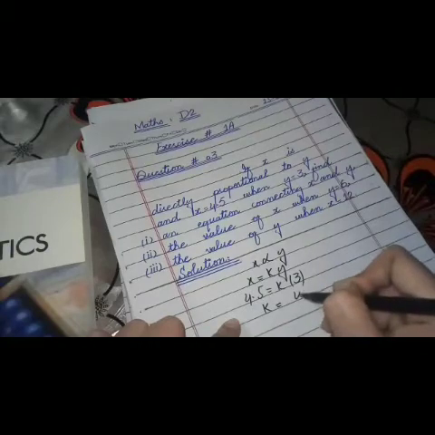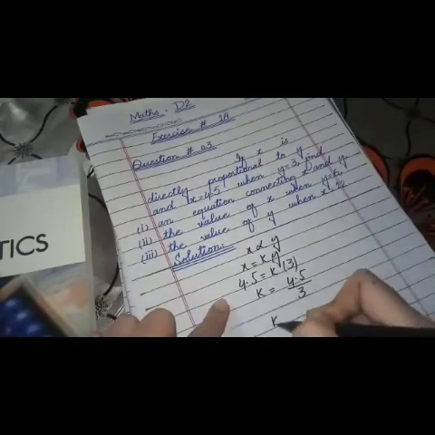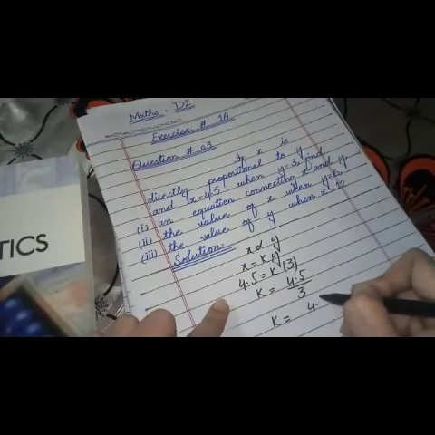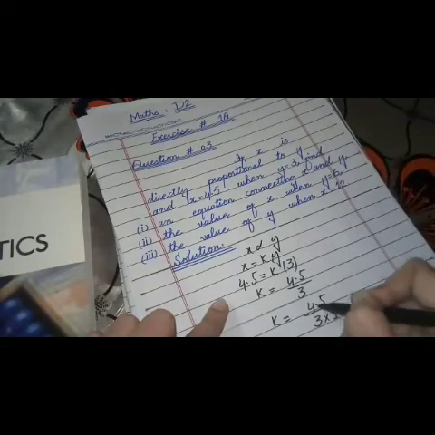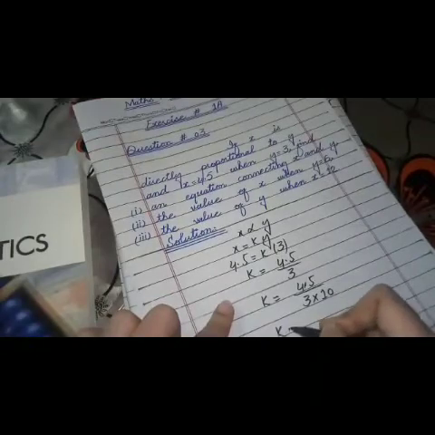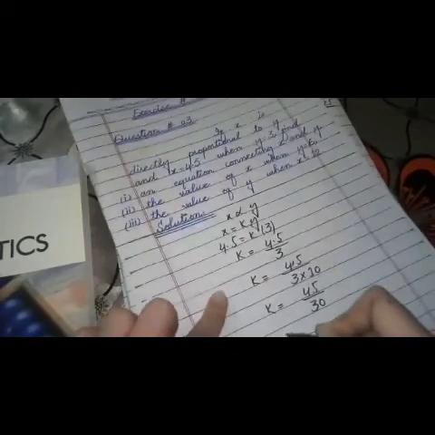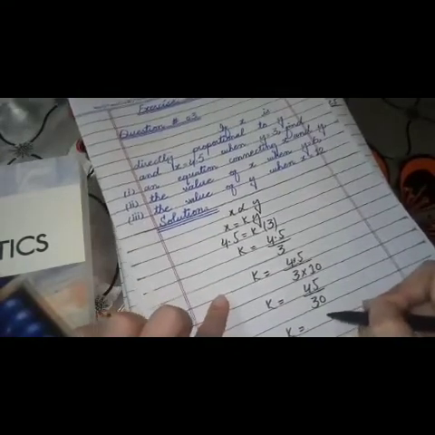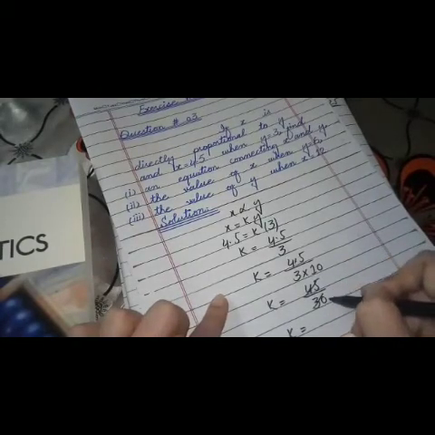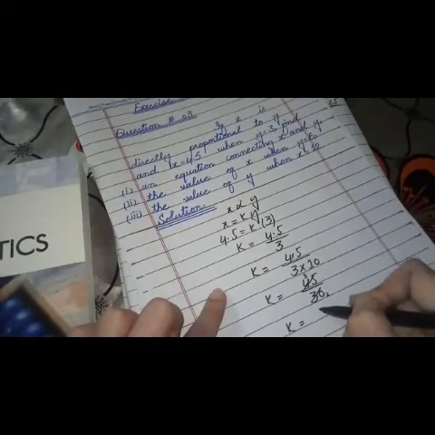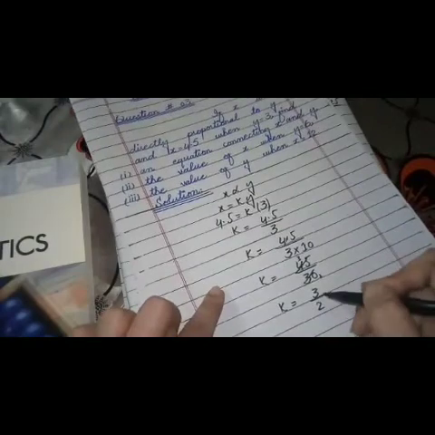K is equal to 4.5 by 3. We will remove the point with 10, 45 by 30, k will be equal to 3 by 2. K is 3 by 2.